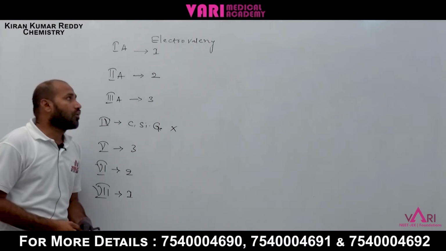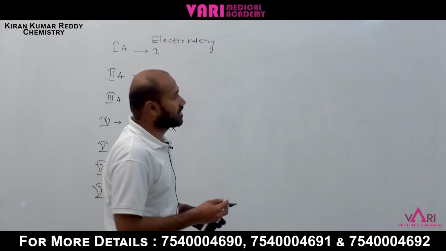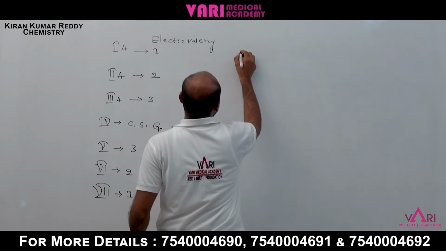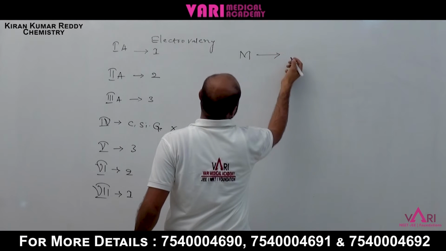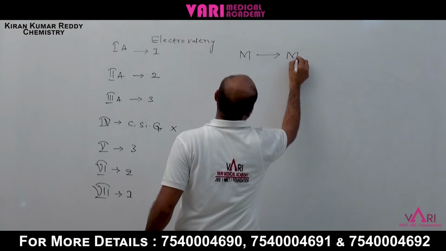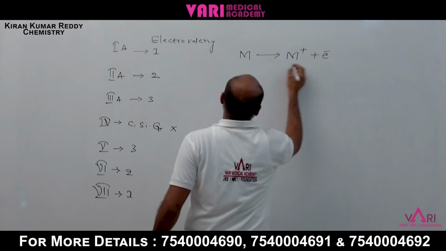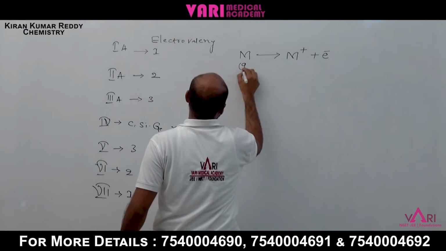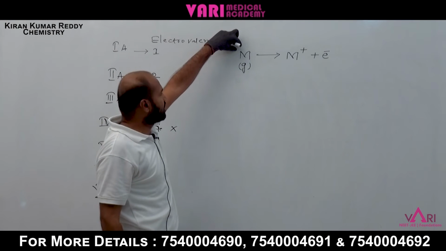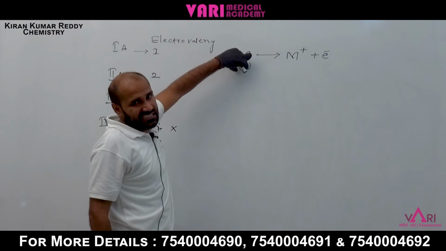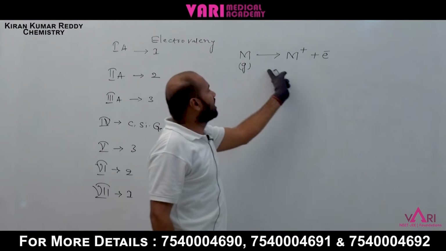And seventh group elements show 1. Now what are the favorable conditions for ionic bond formation? Here I am taking a metal, which is converted to a metal ion, M gives M plus plus an electron. Here the metal is in a gaseous state, as an isolated neutral atom, giving 1 electron.